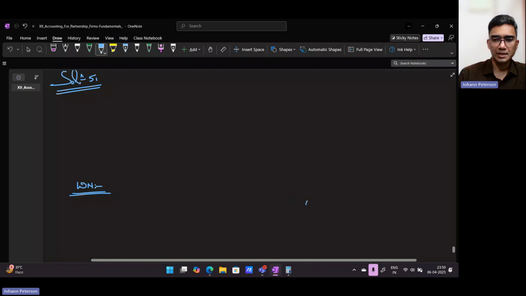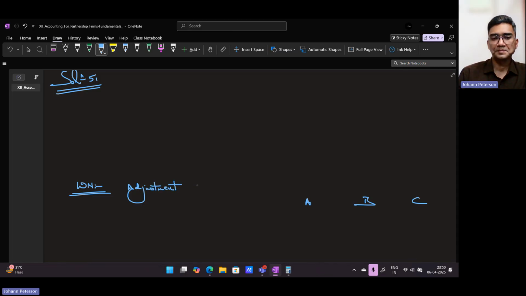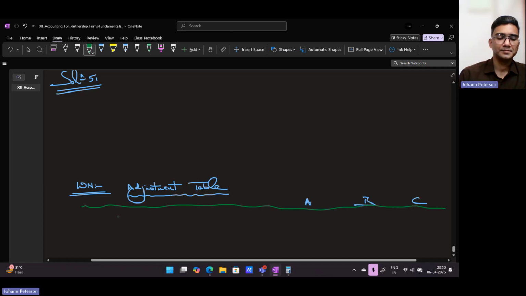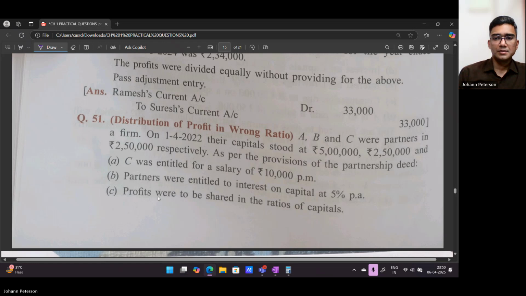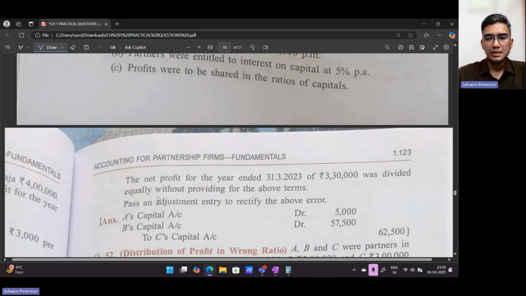The three partners, A, B, and C. We were told 3,30,000 is divided equally without providing any of these above items.